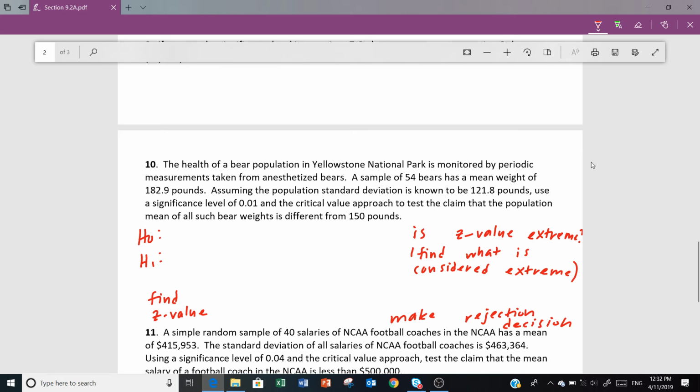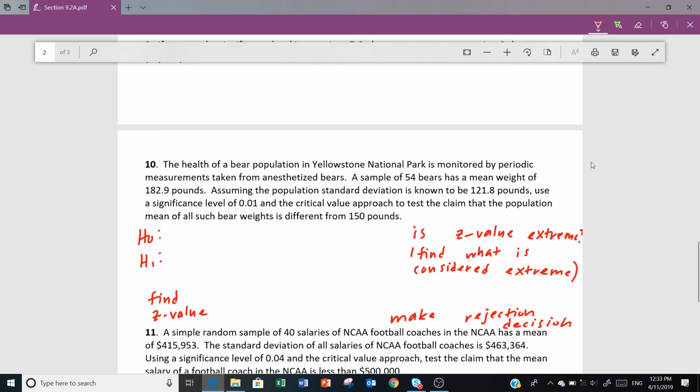So, you need to set up your null and alternative hypothesis. What's the summary here for? The significance level is 0.01.